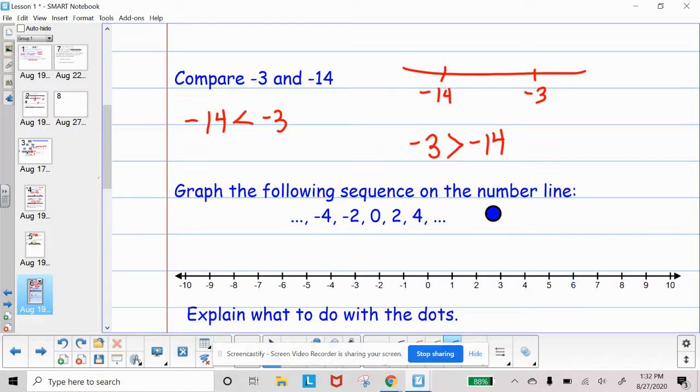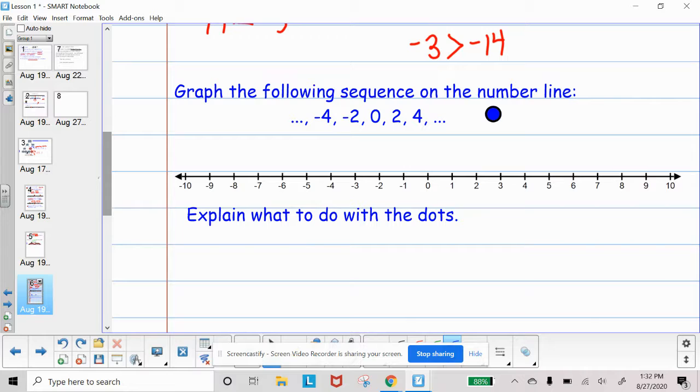Okay, this says to graph the following on a number line. So I'm going to take the dot, -4 is going to go, whoops. Let's try that again.